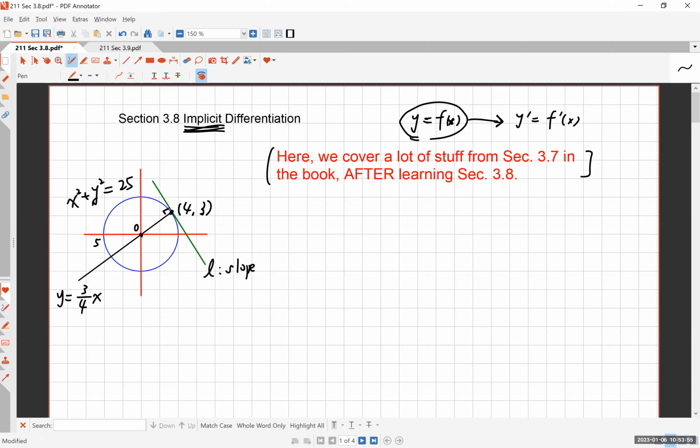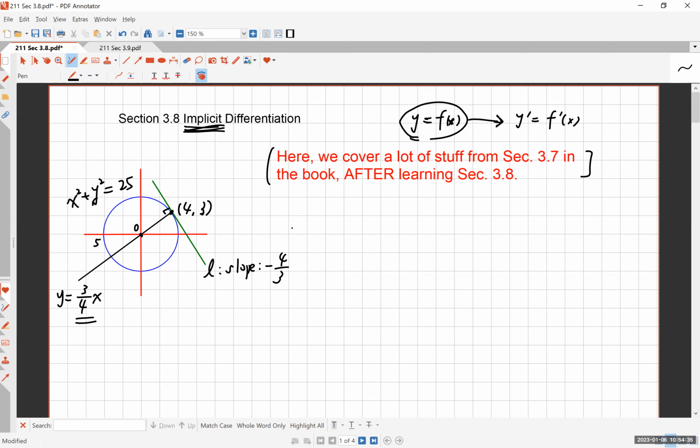They meet perpendicularly, because the green line is tangent to the circle, and there is a theorem that says the tangent line to a circle meets perpendicularly the line that goes through the tangent point and the origin. That's one of those things that the Greeks discovered, I don't know, recently, like 3,000 years ago. But this green line L, the tangent line, has a slope which is the negative reciprocal of this slope. So the answer should be -4/3. So we could do this without calculus, of course.